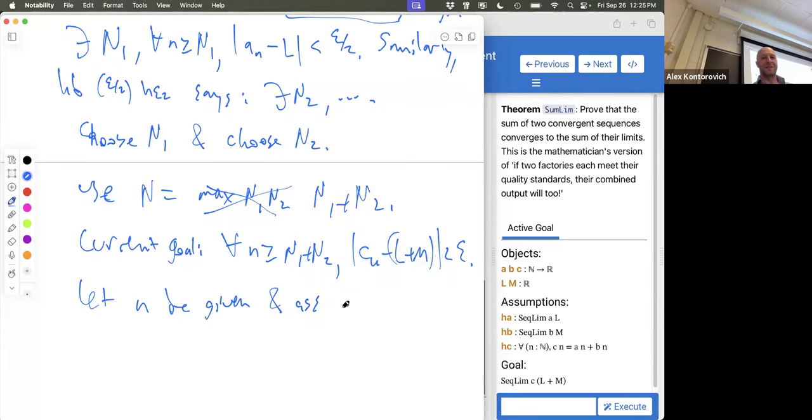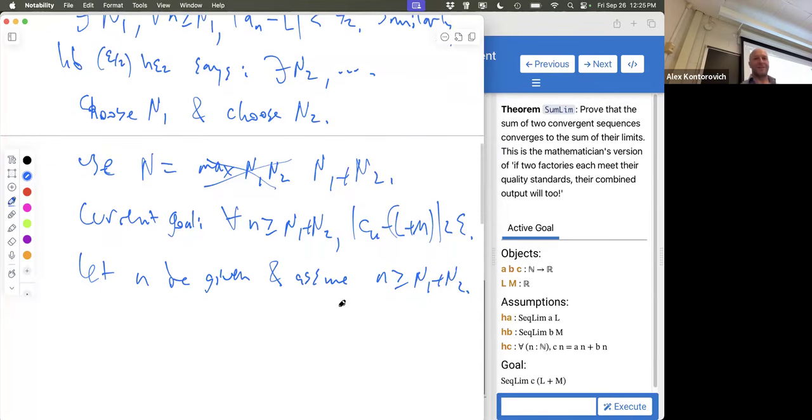and assume that little n is greater than or equal to N1 plus N2. In particular, little n is bigger than N1. So let's just call it F1, fact 1.